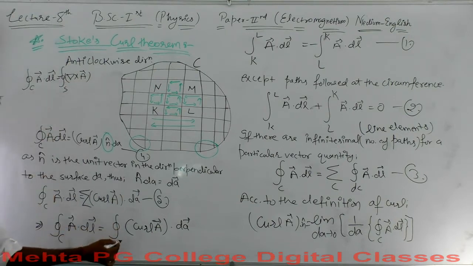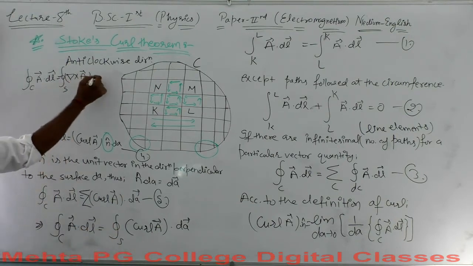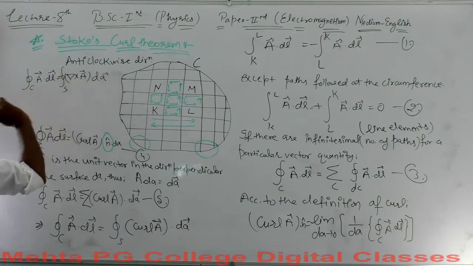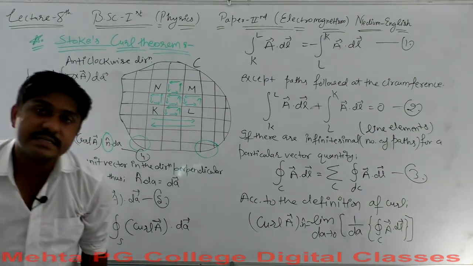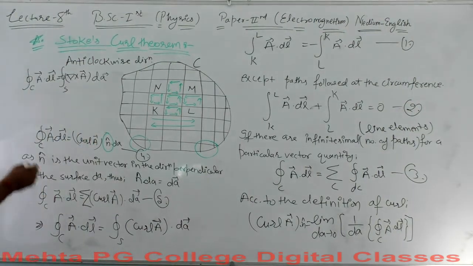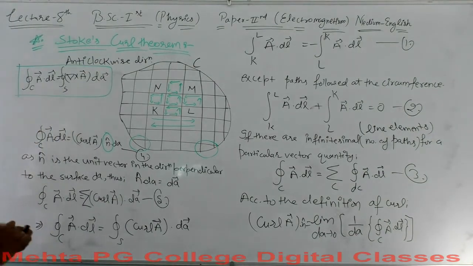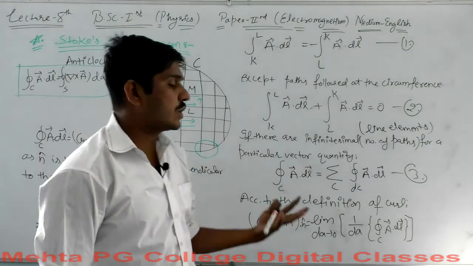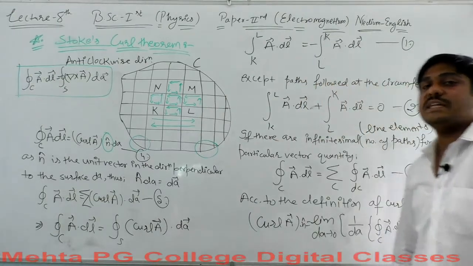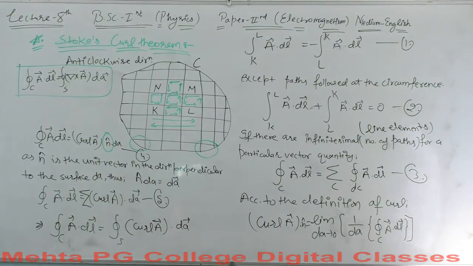So this is the more precise definition of Stokes curl theorem. You can take a screenshot for your reference, then we will clear off and we will write the literal statement of Stokes curl theorem.